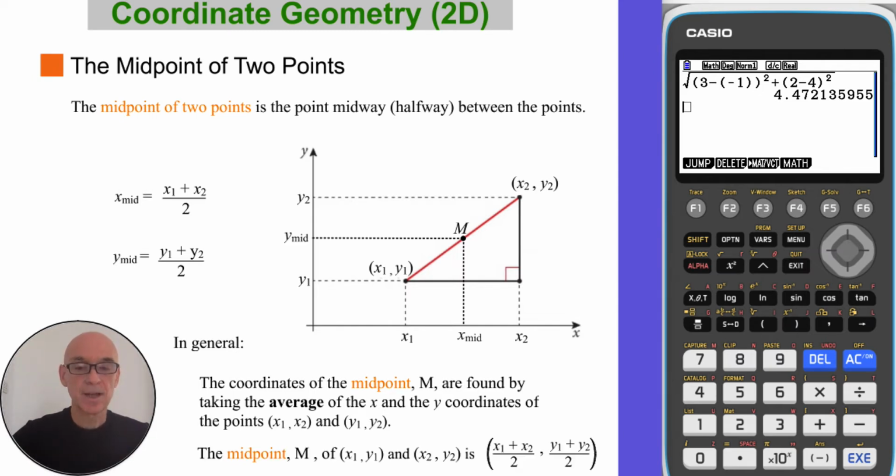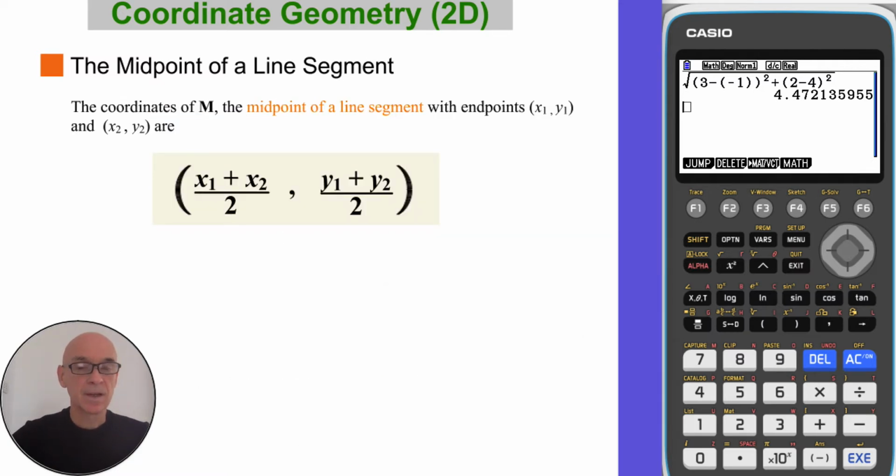So the midpoint M has coordinates x1 plus x2 divided by 2, y1 plus y2 divided by 2. Again, this formula is given on page 2 of your formula booklet.